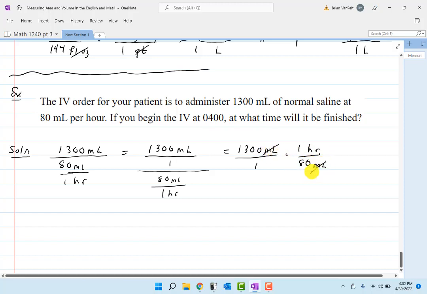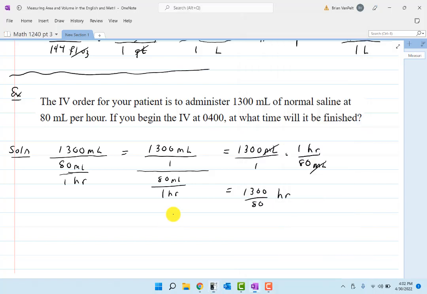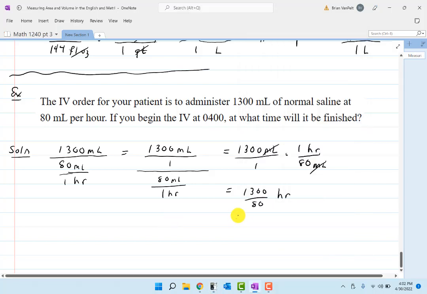That wipes out the mLs and it will tell us how much time it takes. So all I have to do is 1,300 divided by 80, which is 16.25 hours.